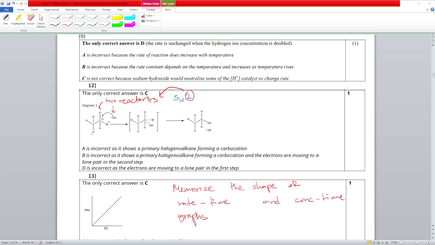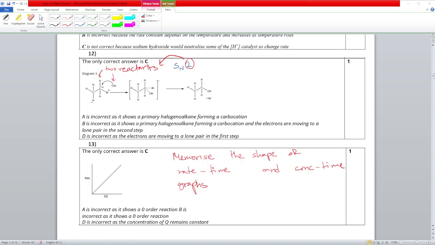So the fact that both of them are participating tells you that this is SN2, and they already told you that in the question, right? It's which diagram shows the mechanism for a second order reaction, SN2.